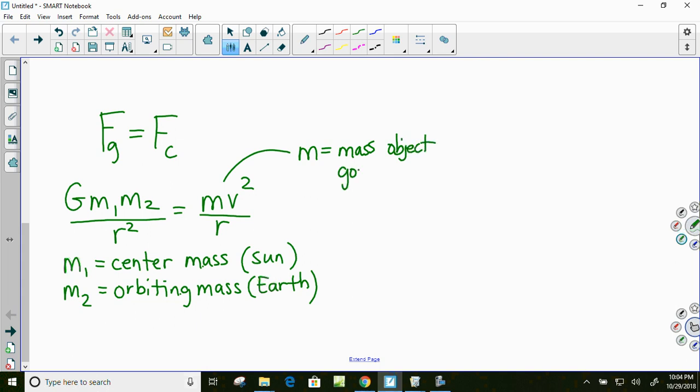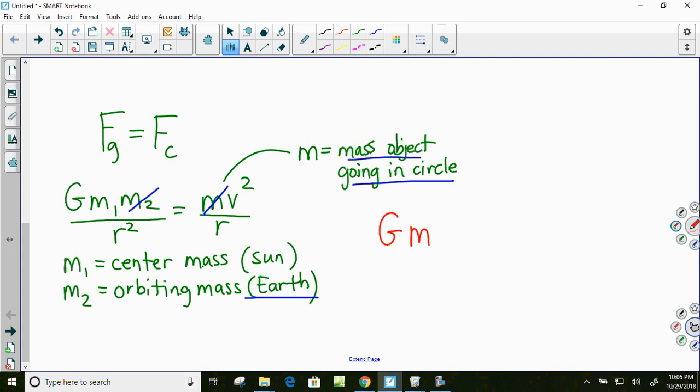So on the other side of the equation for centripetal force, that m is the mass of the object going in a circle. So the mass of the object going in the circle is the same thing as the orbiting mass, or the little mass. Since they're the same, and they're on opposite sides of the equation, we can cancel them out. So that mass drops out of the equation.